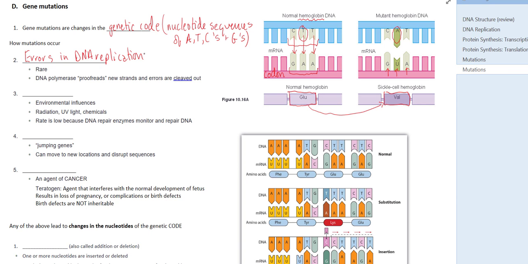Sometimes those are missed, and errors in DNA replication lead to mutations. It's extremely rare because of the effectiveness of DNA polymerase proofreading the strand, and errors are taken out, but they do occur. I think if I recall, I mentioned something like 1 in 10 billion or something like that. So that's pretty rare.